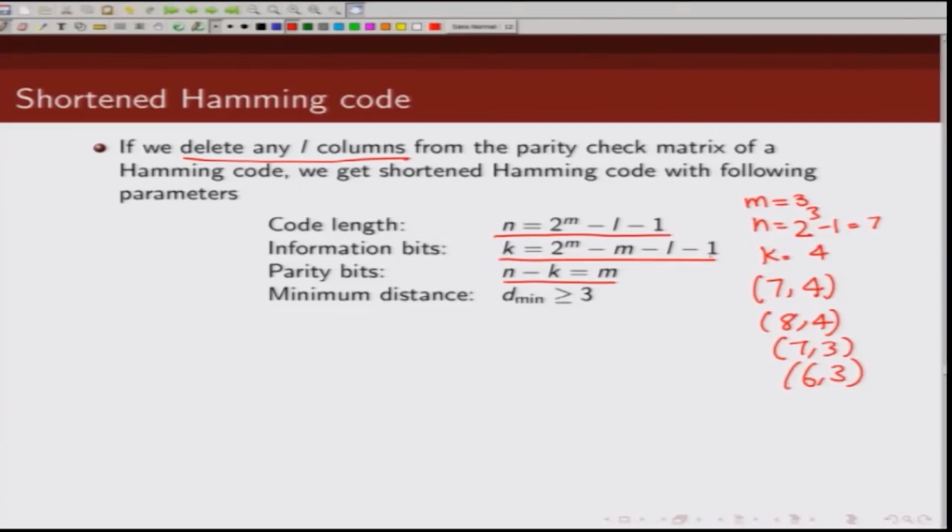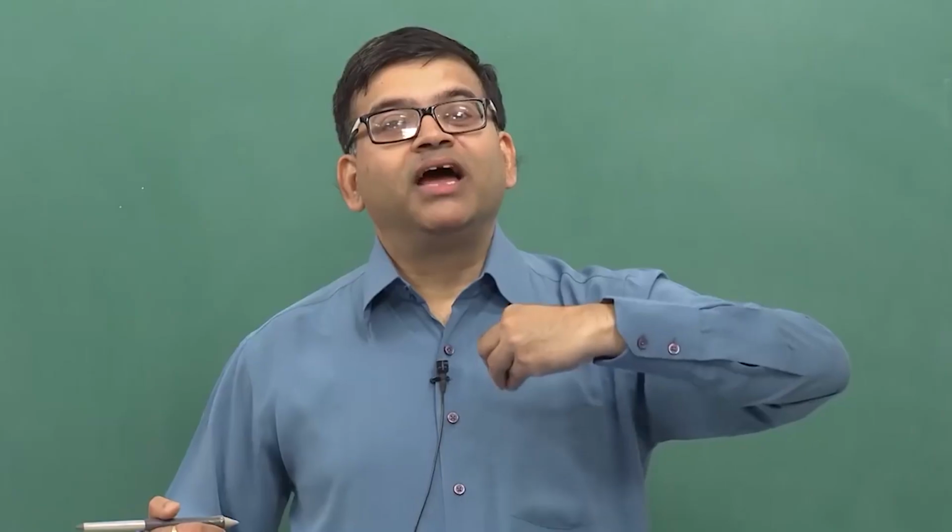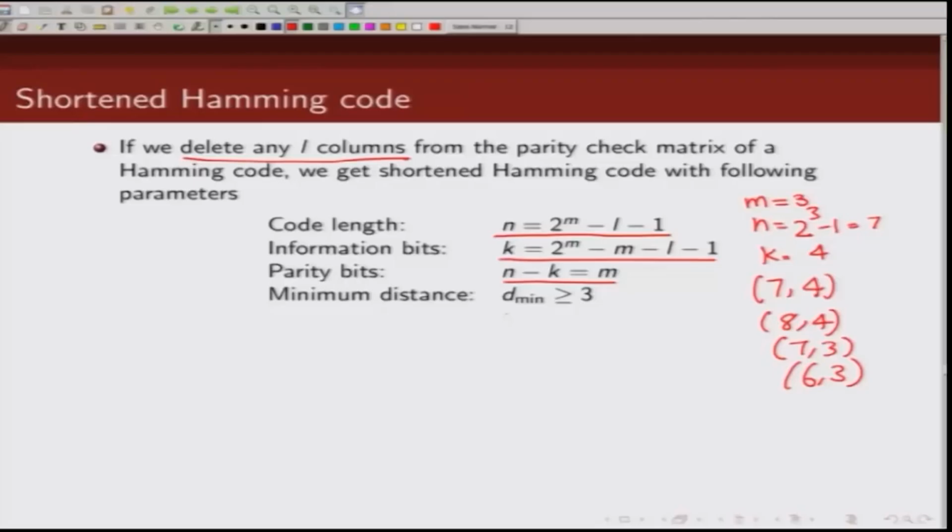Now, the minimum distance of a Hamming code is 3. If I am deleting some columns, then the minimum distance cannot be less than the original minimum distance of the code. Why? Because you can see, if I have a parity check matrix here, and let us say I have these columns, let us call them A1, A2, AN.